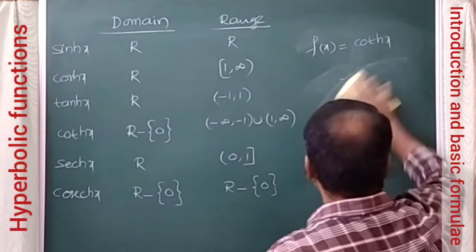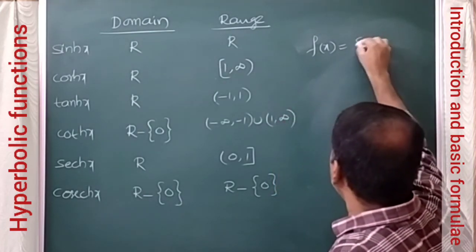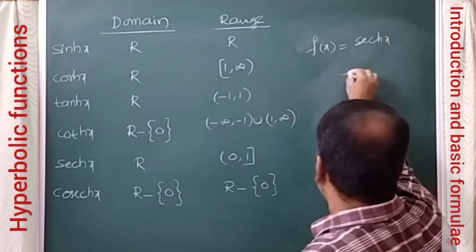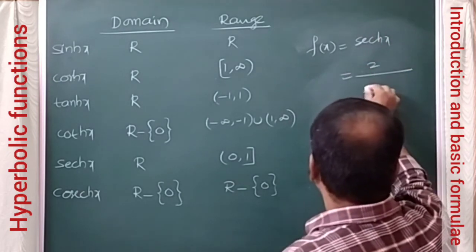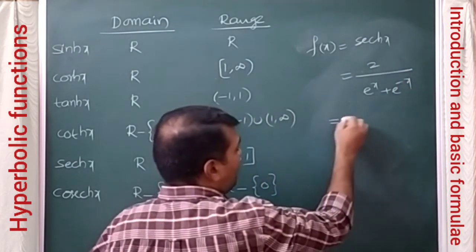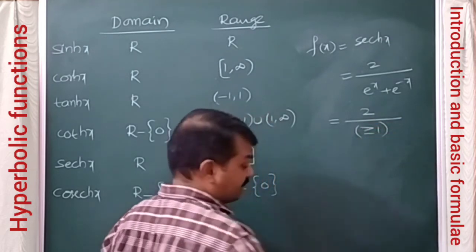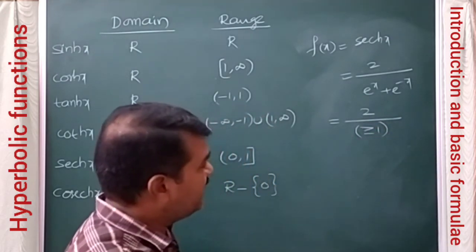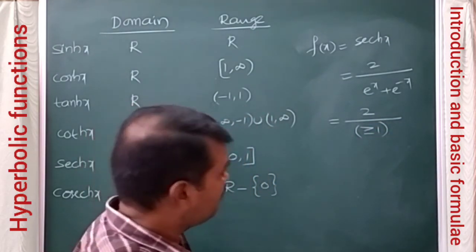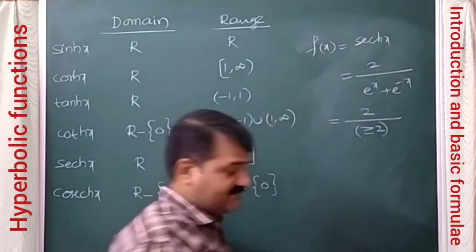Okay, that means secant hx is reciprocal of cos hx, 2 by e power x plus e power minus x. This denominator is always greater than or equal to 2, sorry, not 1.